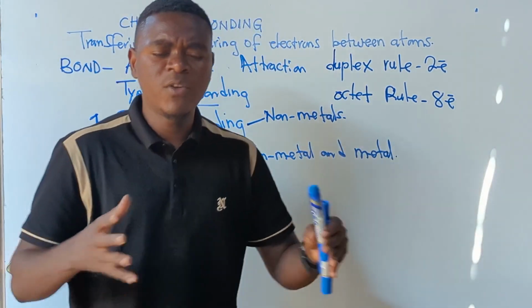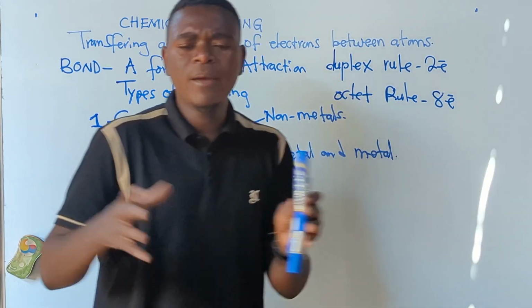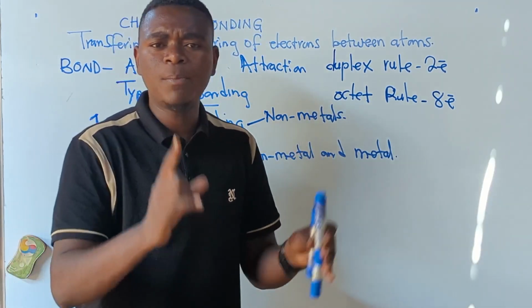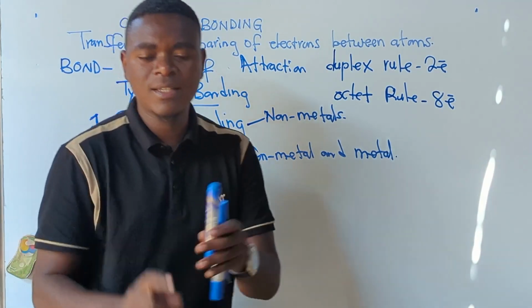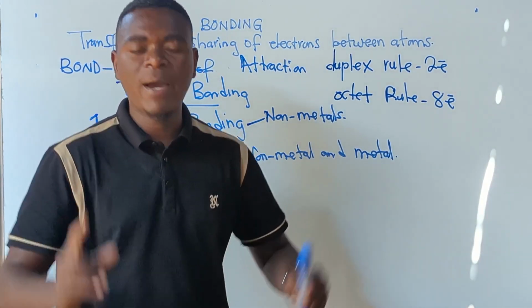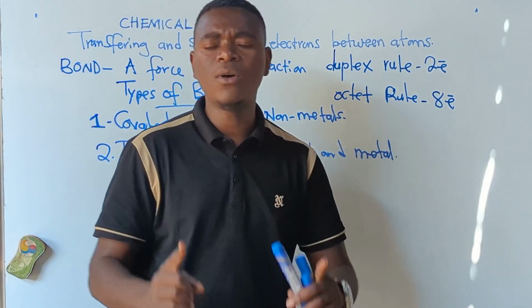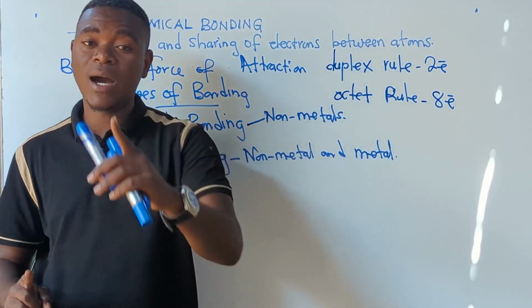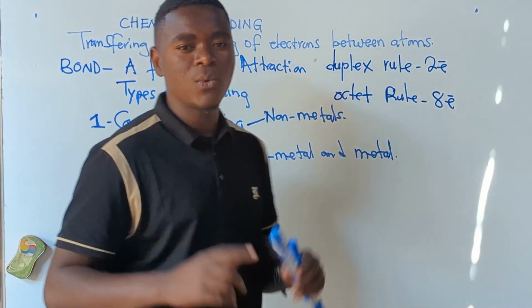A mixture is a physical combination. An element is a substance made up of one type of material that cannot be split, either by chemical means or physical means.